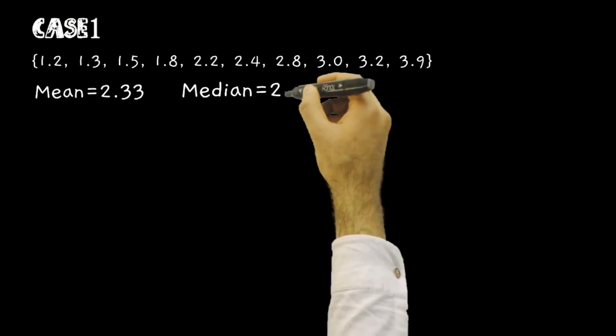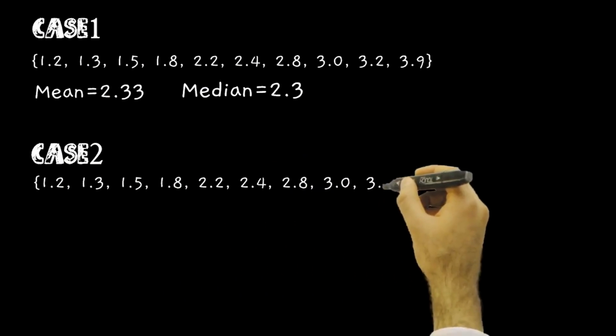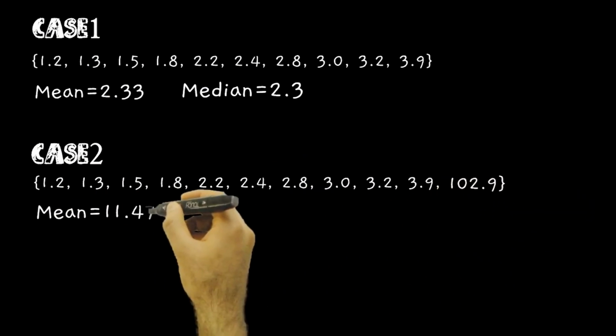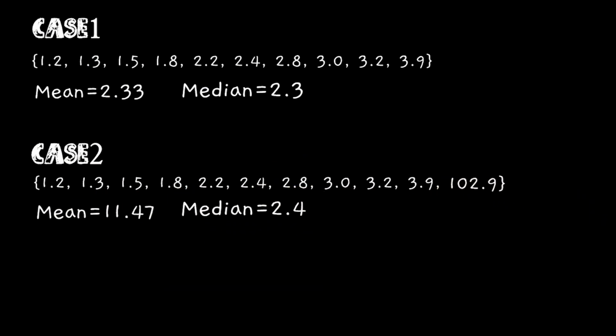Now let's take the same data again and we have calculated their mean and median. In the first case, the median is 2.3 and in the second case it is 2.4. The first case is without outlier and the second case is with outlier. And there is not much impact of the outlier if you notice here.